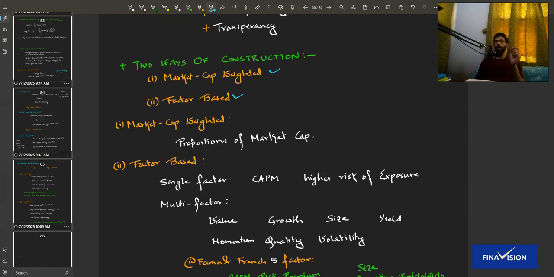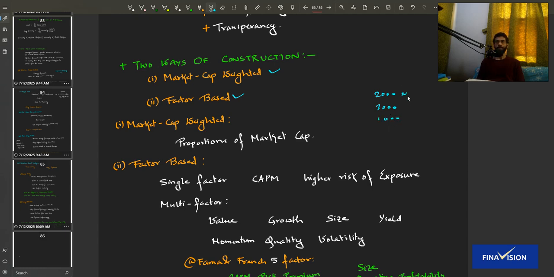When the index is market cap weight, that is the proportions of the market cap decide how much of a constituent will be there in the index, then obviously this is called a market cap weight index. So let's say there are three companies. One is having a market cap of $2 billion, one is having a market cap of $3 billion, and one is having a market cap of $1 billion, right?